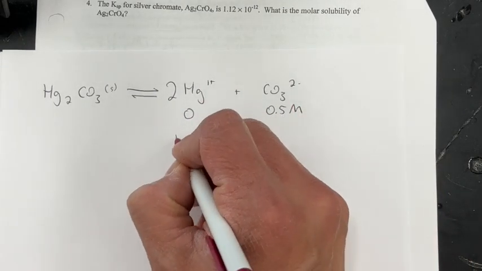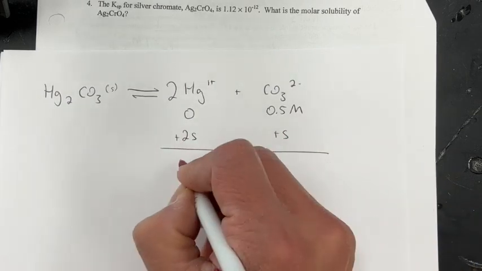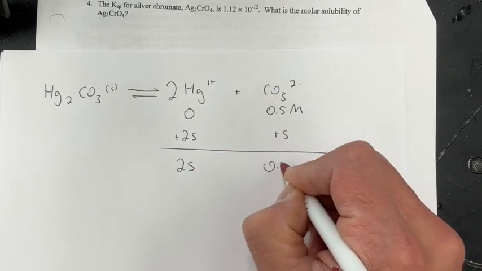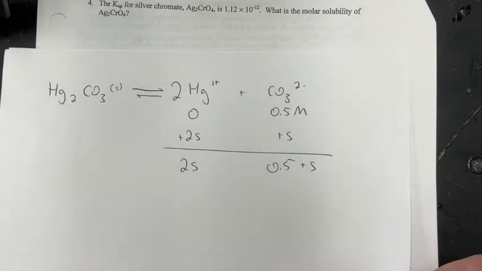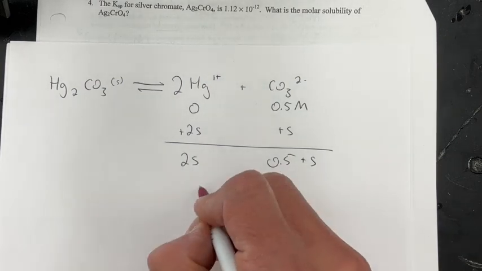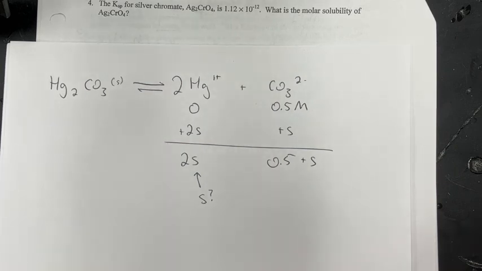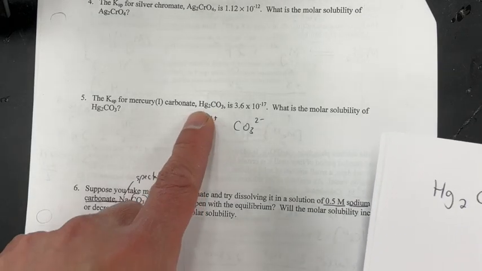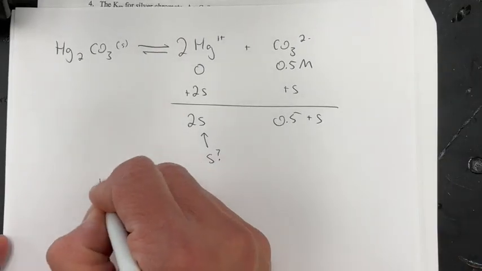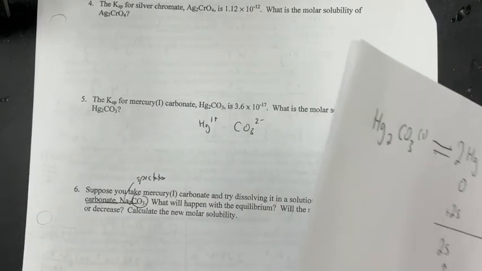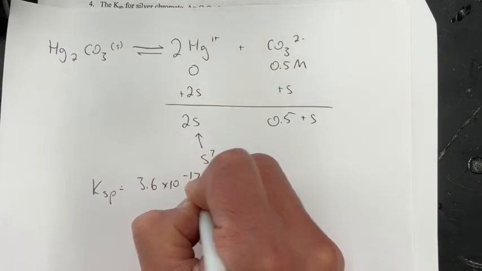So I have this is plus 2s, this is plus s, this is 2s, and this is now 0.5 plus s. Okay? And so now the question is, what is my molar solubility? s is question mark. And they gave me the Ksp in the problem above. So my Ksp for this is 3.6 times 10 to the minus 17.